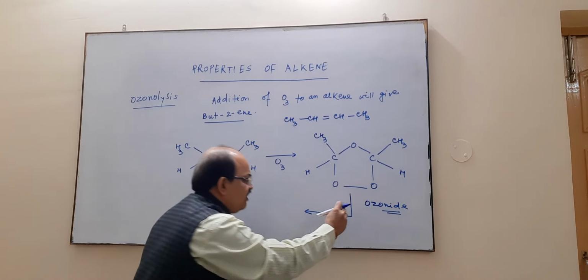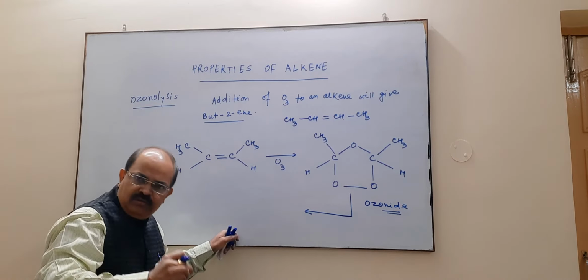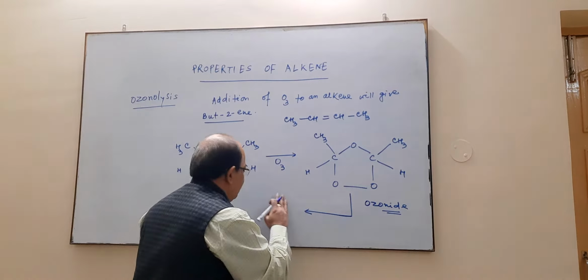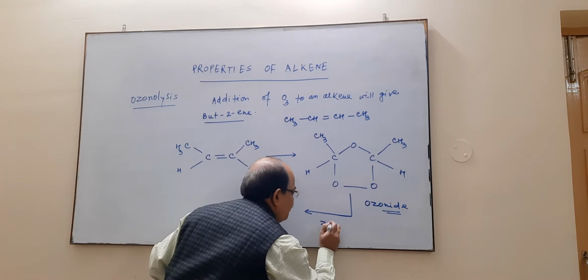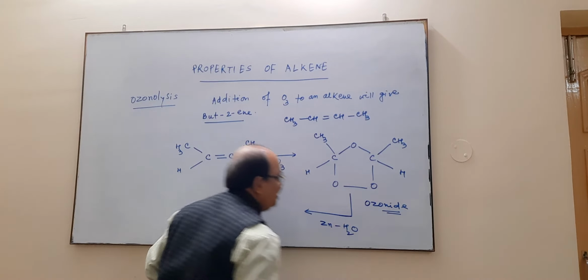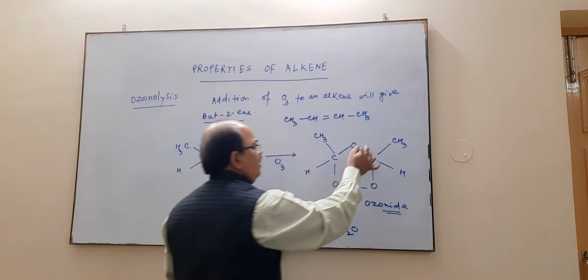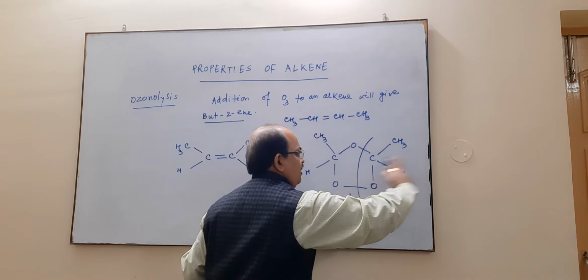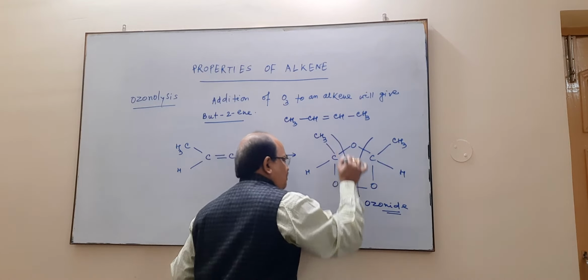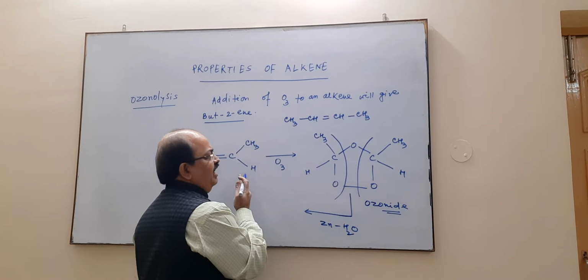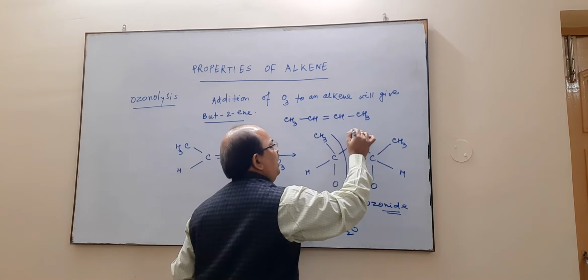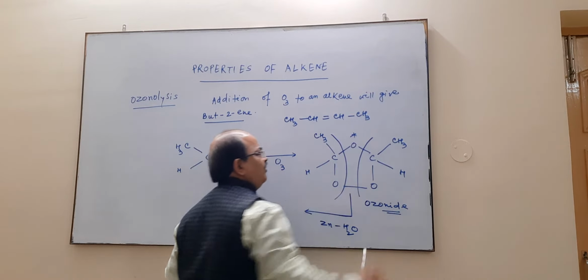Now see the next reaction. Because there is no space below, we have turned the arrow to this side. Now reduction is carried out by zinc in presence of water. Then this bond will break, and this is one product. This bond will break, giving another product, and there will be removal of oxygen.